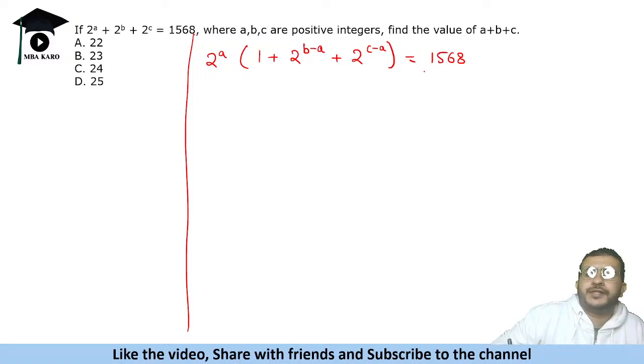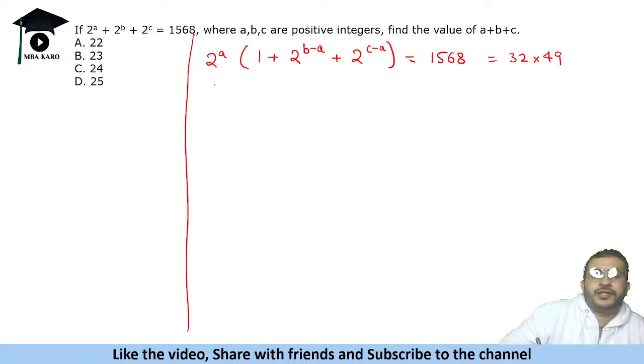Let's write 1568 as 32 into 49, because 32 into 50 is 1600. So this will be 32 and this will be 49. So a is equal to 5.